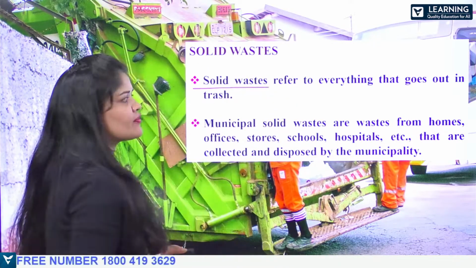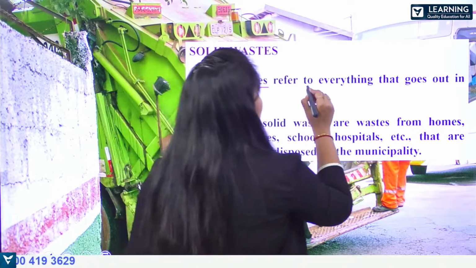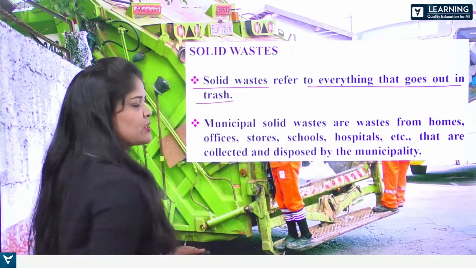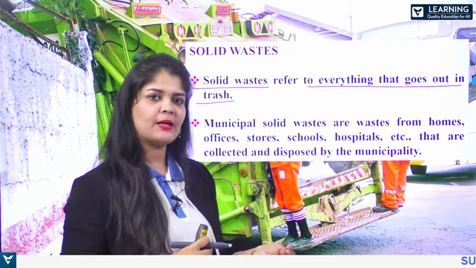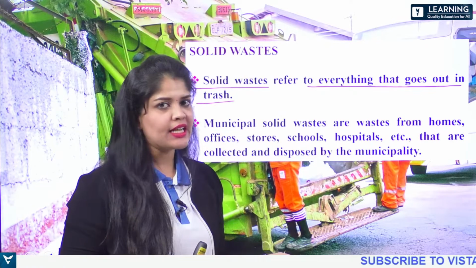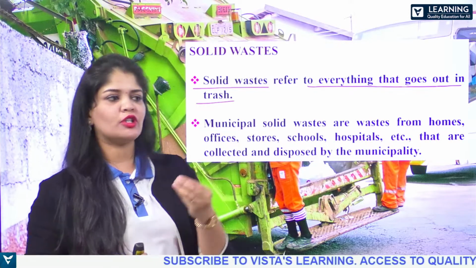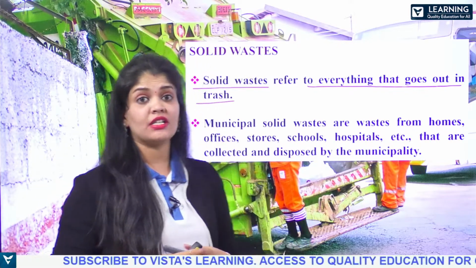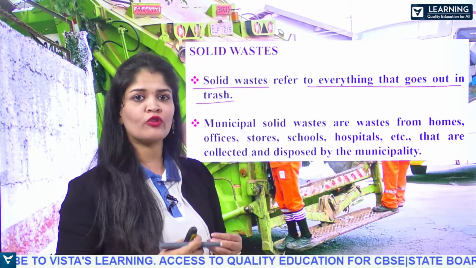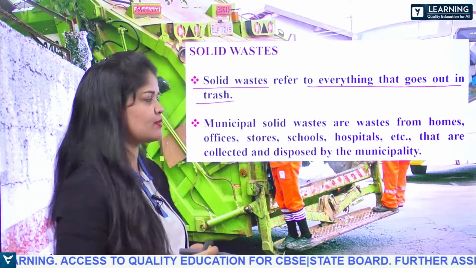Solid waste refers to anything, everything that goes out into the trash. It may be plastic, glass, metal, right? And we can even include some cloth fibers. If the waste is coming from hospitals, a lot of used cotton will be part of your waste material.